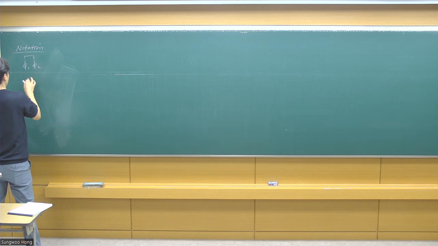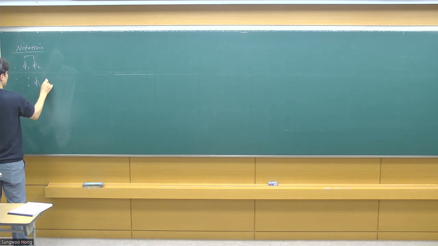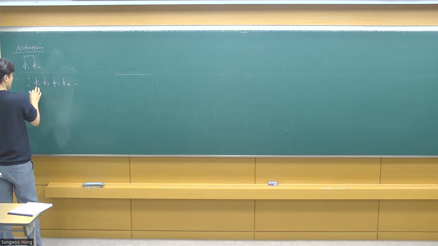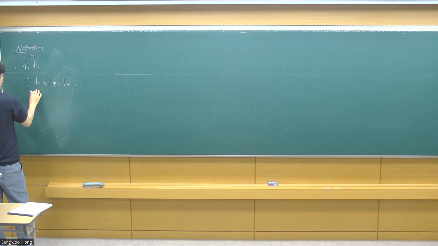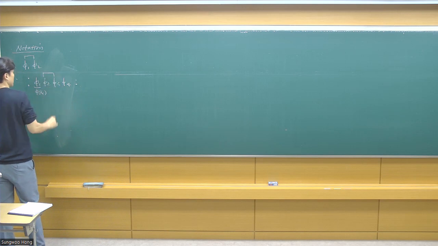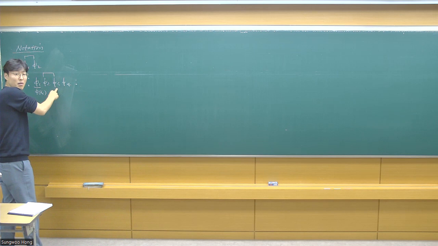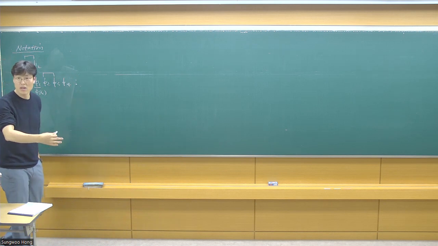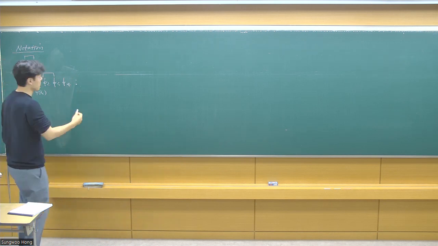And another notation is, for instance, if I want to write down phi 1, phi 2, phi 3, phi 4, hopefully you understand my notation. Whenever I write this, I mean phi of x 1, for instance. And if I want to have this expression, this is not an operator, right? This is a C number.